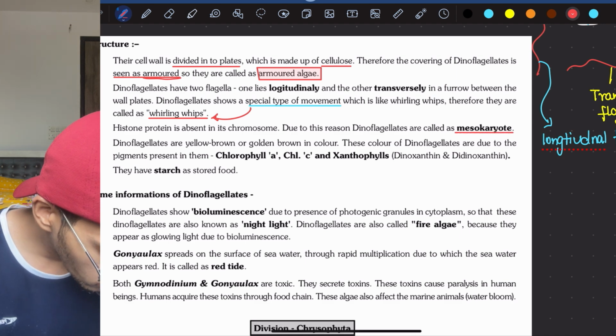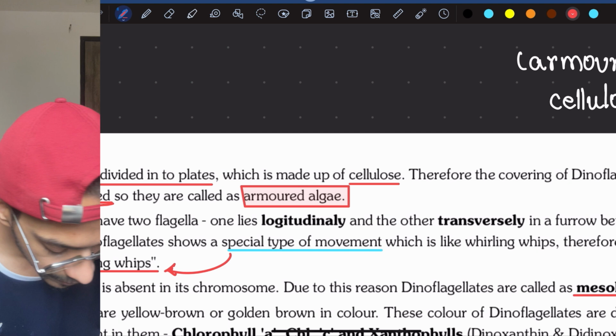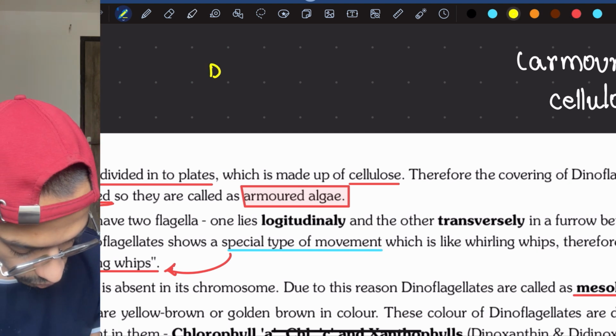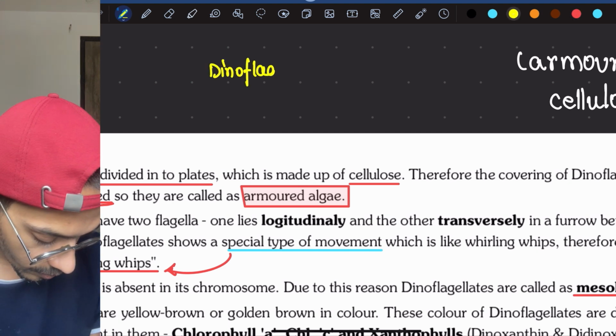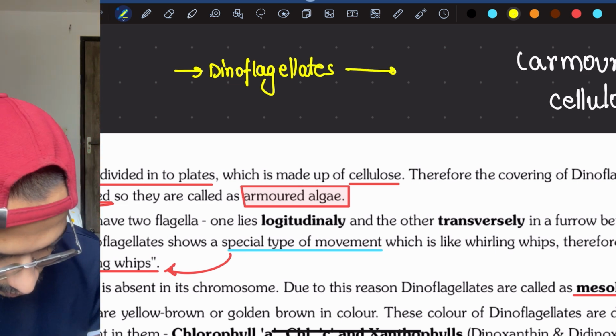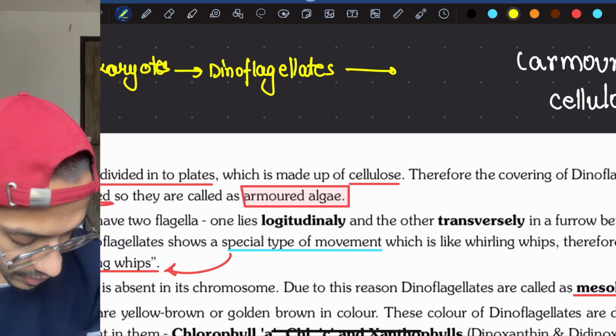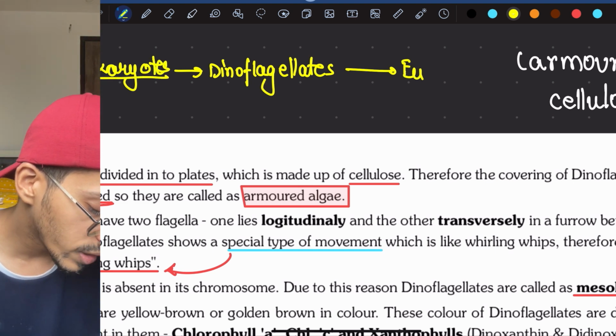Meso means present between. So over here, if I'm writing it up, in terms of evolution, we have prokaryotes, meaning your bacteria, we have dinoflagellates, and then we have eukaryotes.